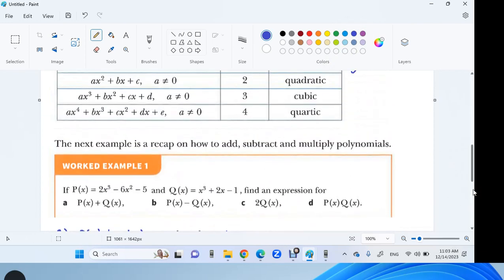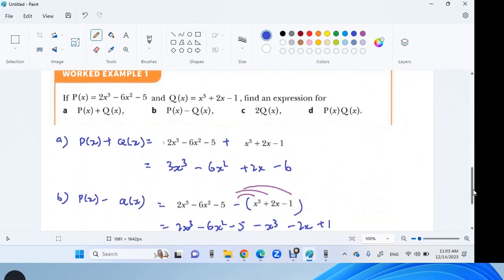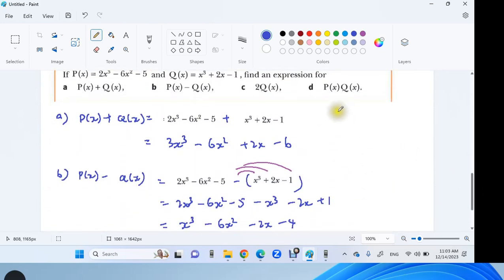For c, this one is 2q(x), which is 2 times q(x), x cubed plus 2x minus 1, then it is 2x cubed plus 4x minus 2.